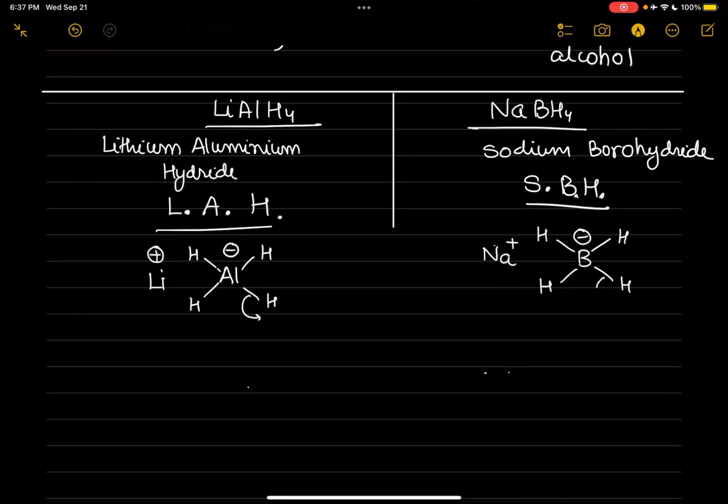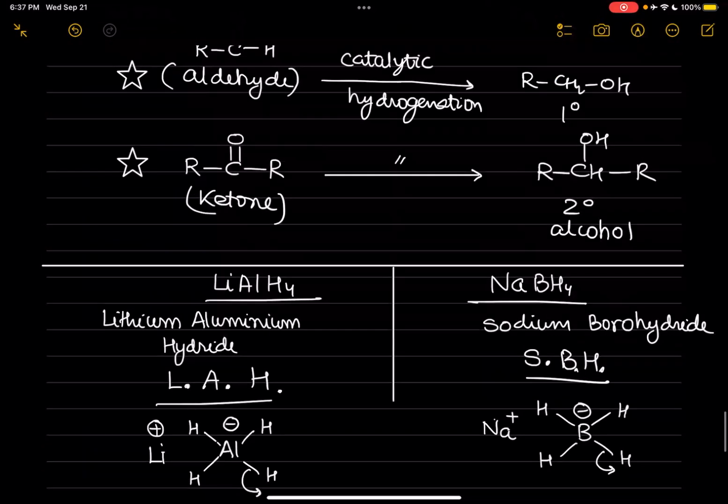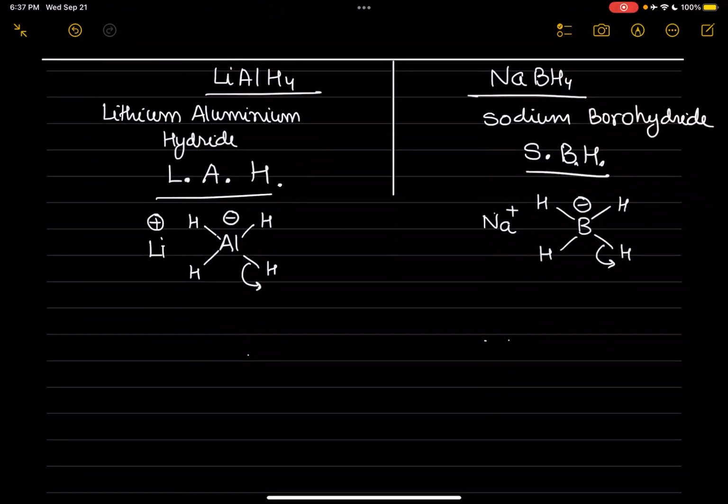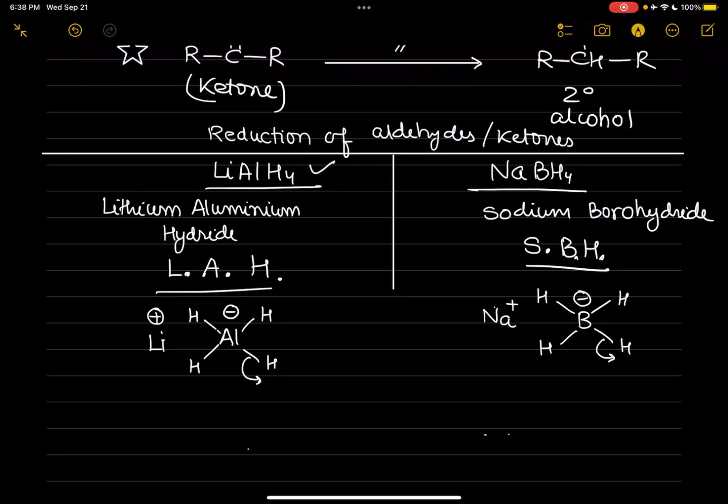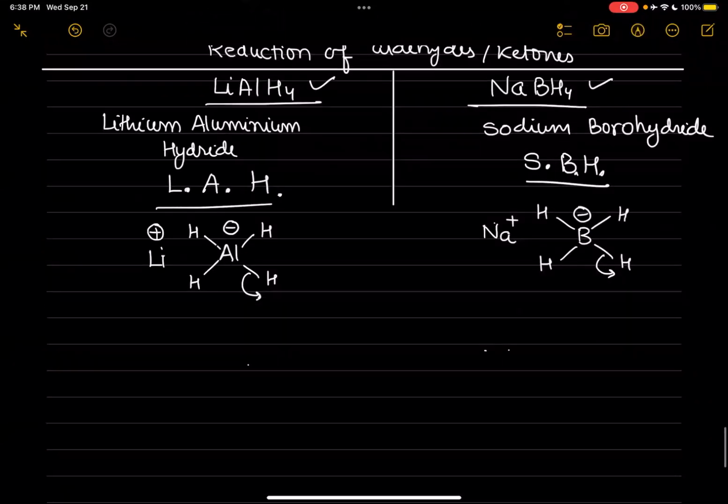This H minus can come out and react with aldehydes and ketones. So today we have to start reduction of aldehydes and ketones by LiAlH4 and NaBH4.